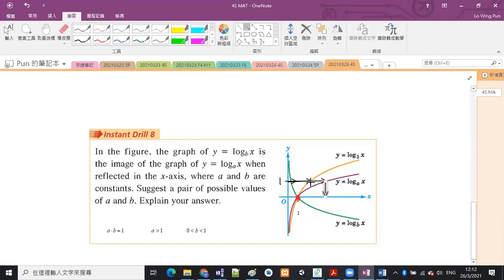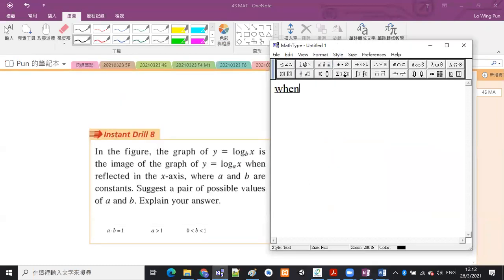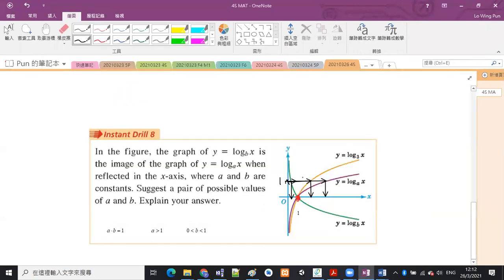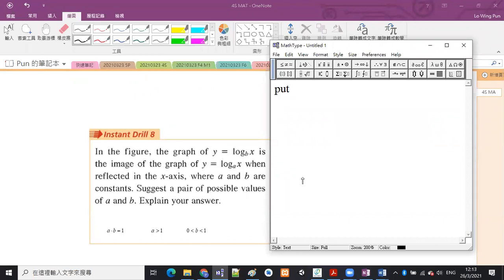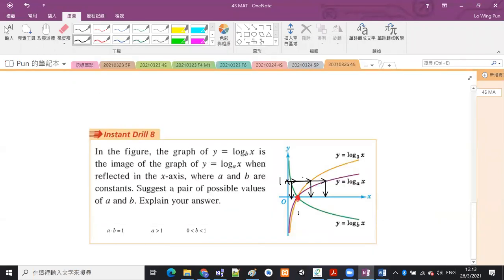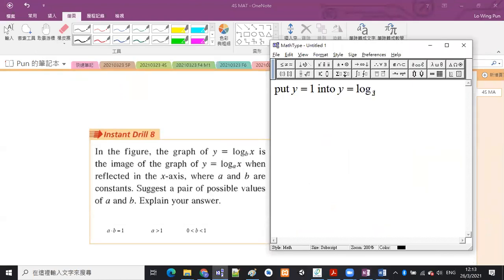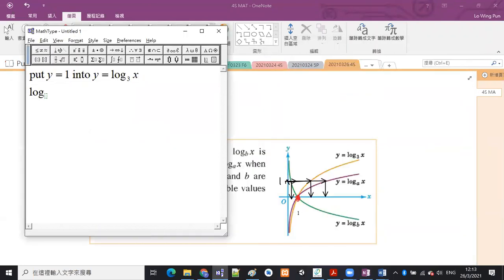我點解要喺 y 等於1呢度開始咧？我係諗一諗喎。When y is equal to 1, put y equals 1 into 第一個 graph，y equals log x base 3, the upper graph. 咁係咪即係咧 log x base 3 is equal to 1？咁我哋 log 乜嘢係會等於1嘅咧？咁你記住咧，log a base a is always equal to 1.